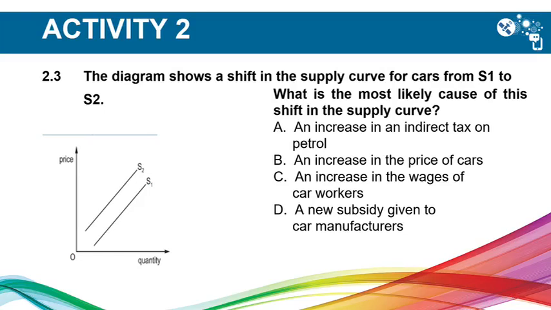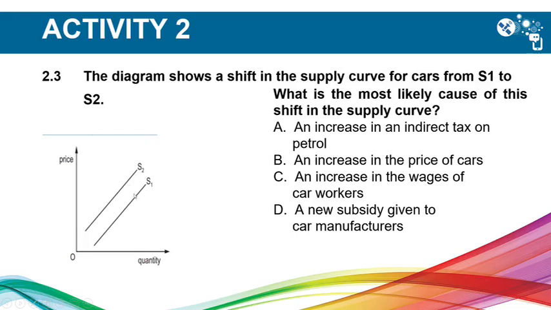2.3. The diagram shows a shift in the supply curve for cars from S1 to S2. There we have S1, and we see that the supply curve has moved to the left.